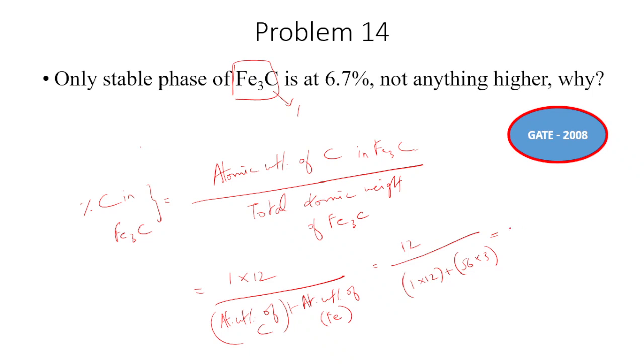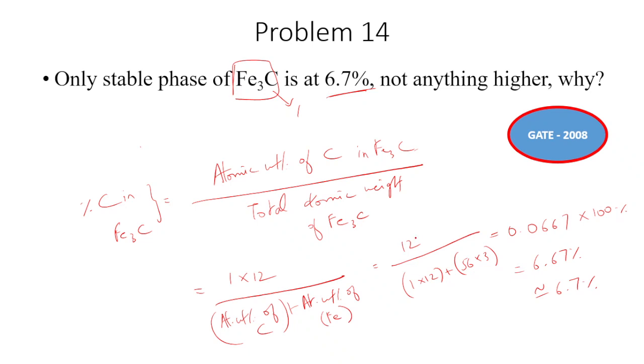If we do the calculation, our answer will be 0.06667. In terms of percentage, we get 6.67 percentage, approximately equal to 6.7 percentage. So this is the theoretical reason why iron carbide cementite is stable only up to 6.7 percentage and not anything higher than that.